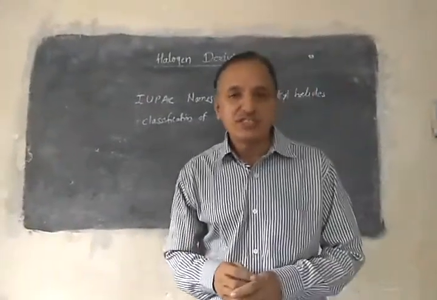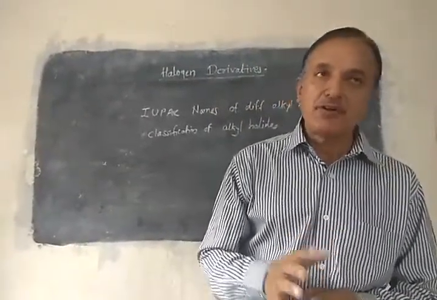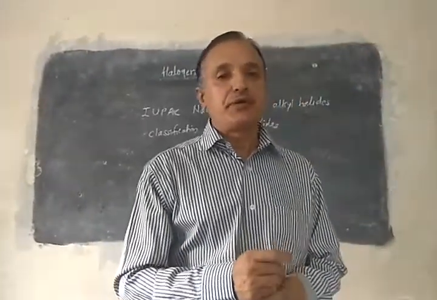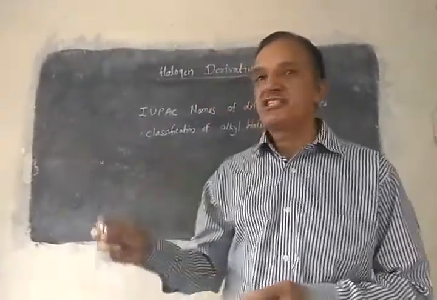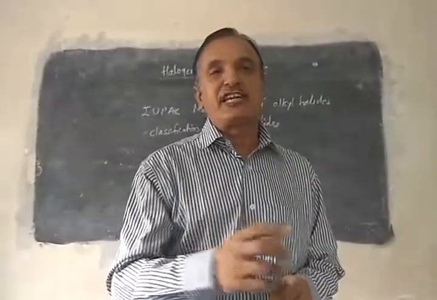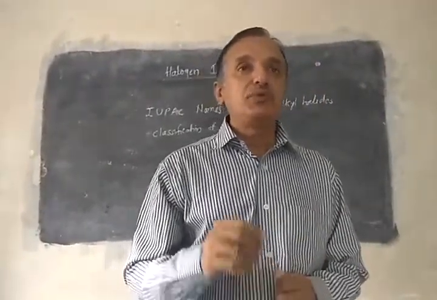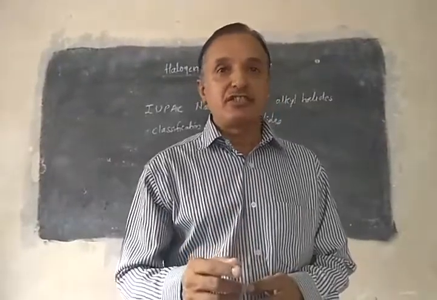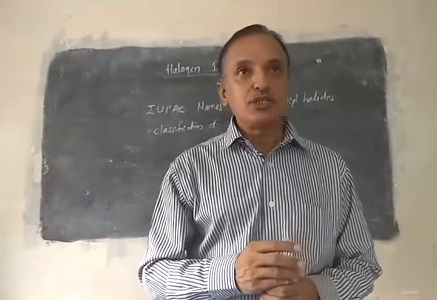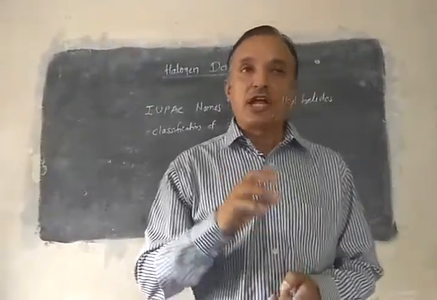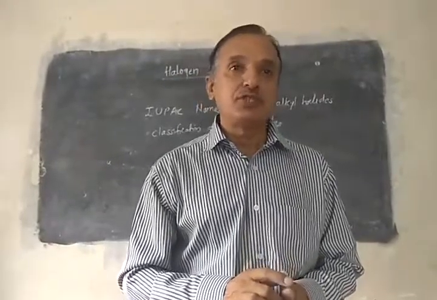So dear students, we have finished the optical activity of halogen compounds. From today onwards, after the lecture, I will give you some assignments. Find out the IUPAC names of the alkyl halides. Go through the textbook, where some activity-based questions on IUPAC names are given.